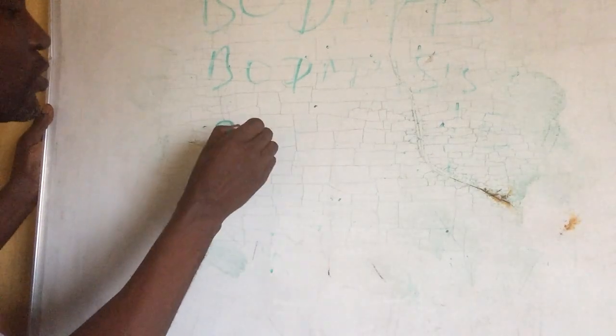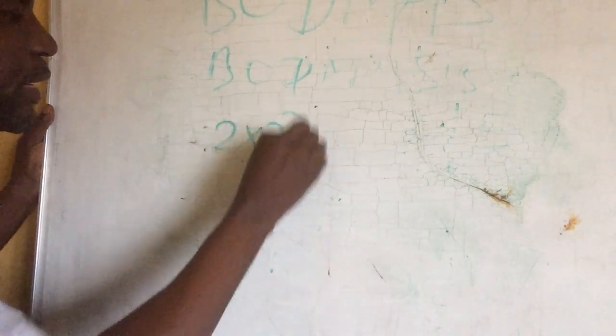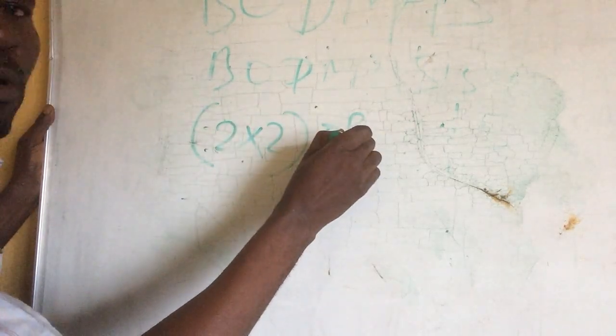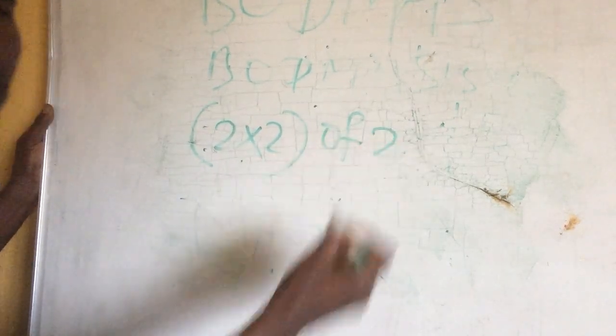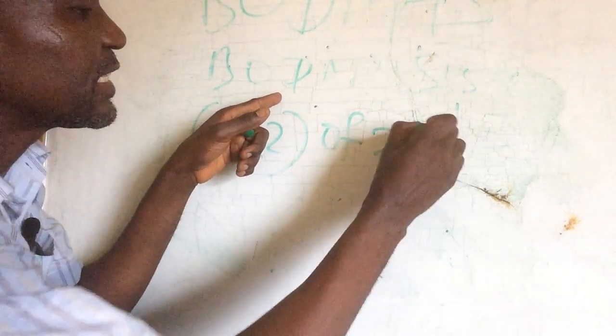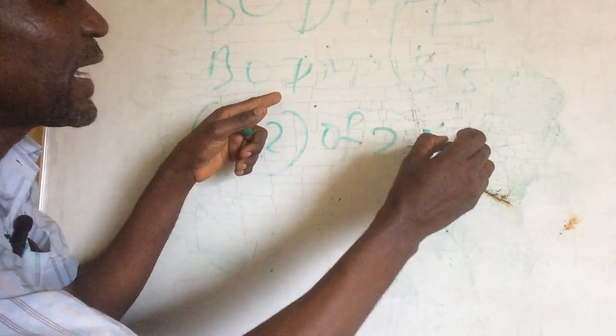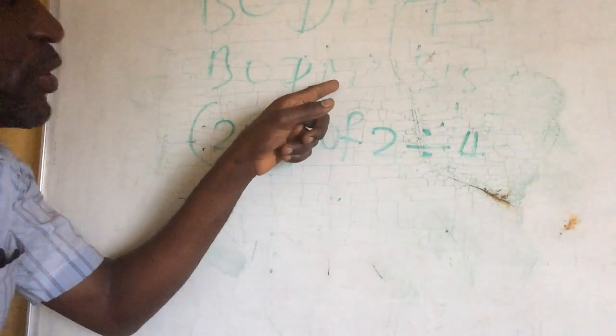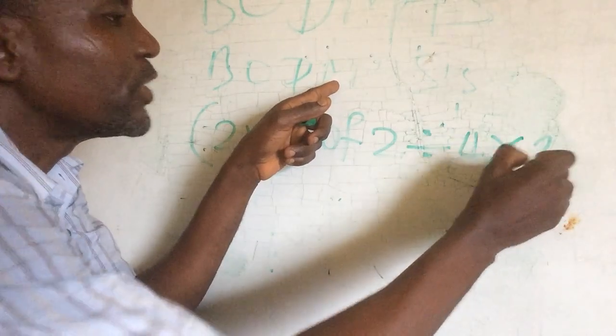You may have 2 times 2 in bracket. Then you see of 2. Then you see division, divide by 4. See multiplication, multiply by 2.